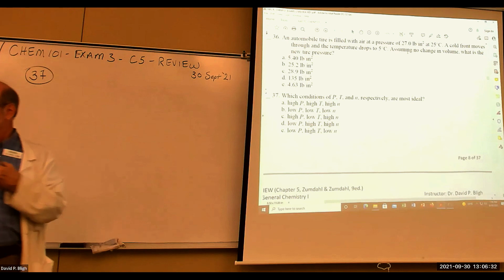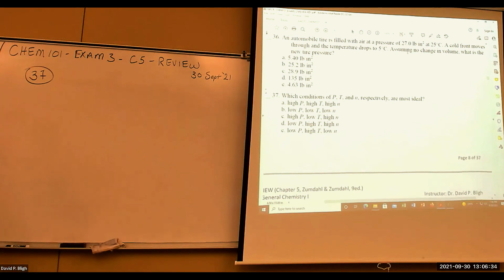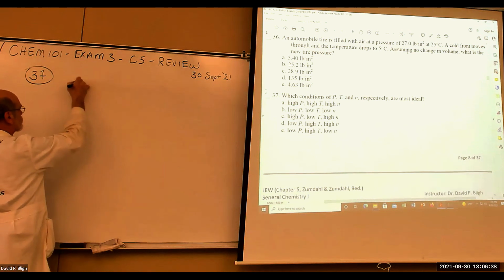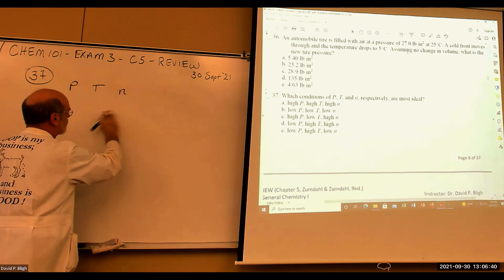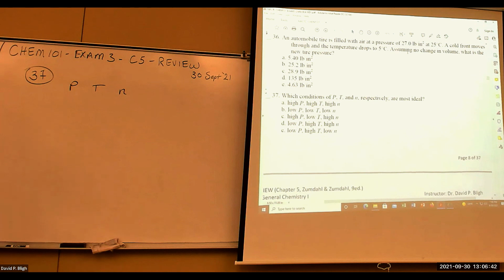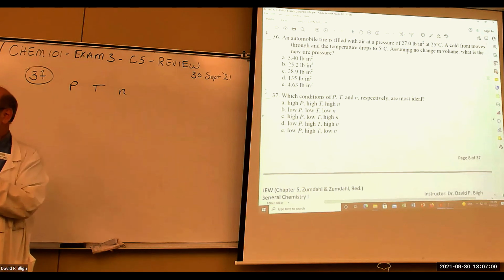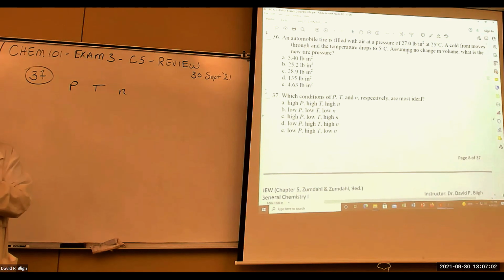So we're going to have to logic our way through this one. What do we mean by ideal? That means the gas molecules have no volume. They're moving really fast. They're far apart. And when they do collide, they don't interact.